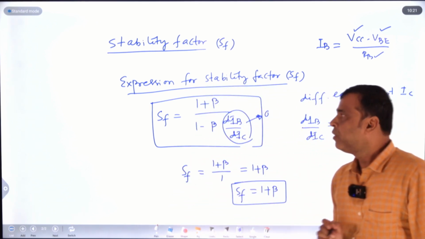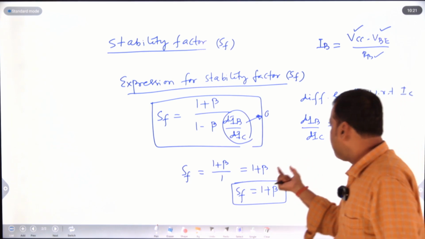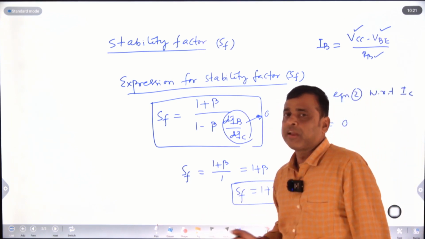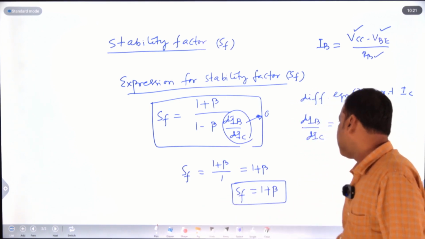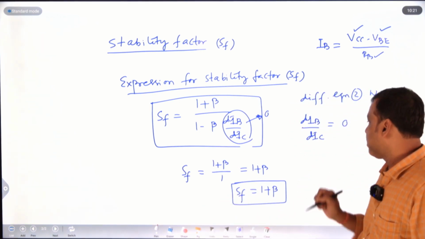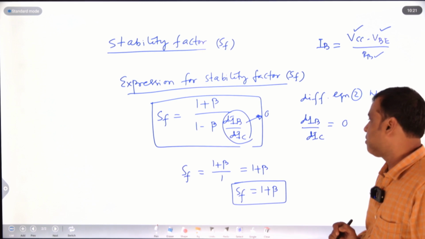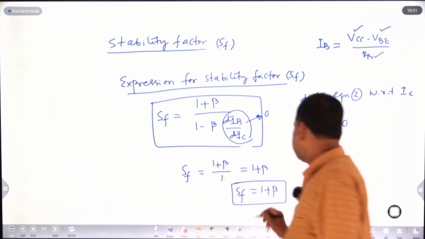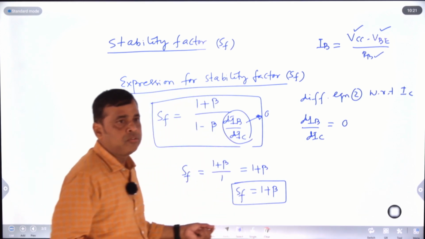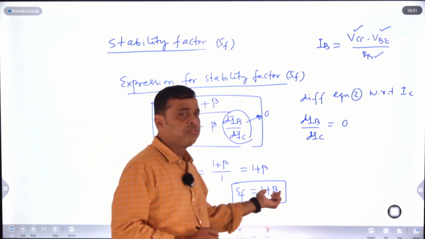Already I told you, if the value of the stability factor is less, the stability will be more. With a high stability factor, this biasing method is not suitable for transistor biasing. We will not get a properly amplified output, because the beta value varies from transistor to transistor. If beta is 100, the stability factor is 100 plus 1.